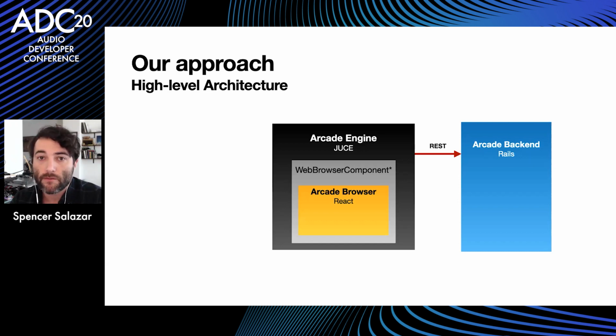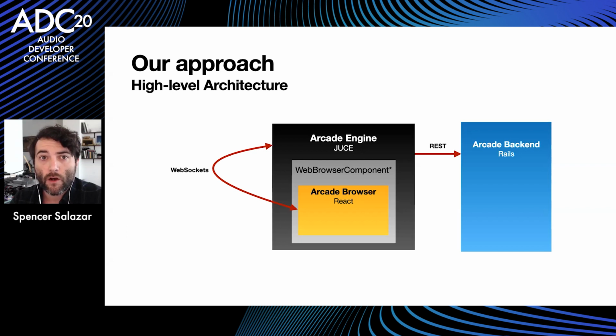So this is the interface you saw earlier. This is built in React. Essentially the web browser component provides a JavaScript execution engine and the ability to render HTML and CSS. And that's all embedded within the Juice plugin.